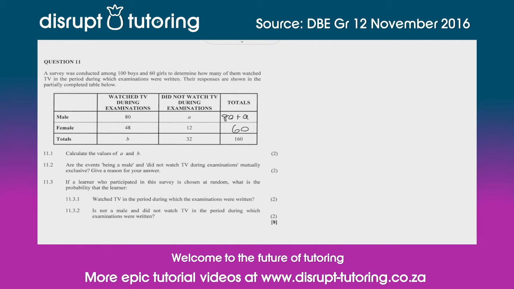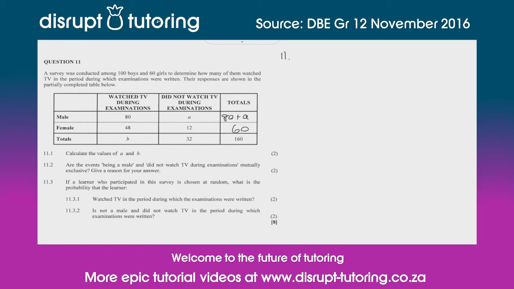Right, so how could we possibly work out what A is? Well, if we consider that we have A over here, we have 12 over here, and we have 32 over here, we could use this column alone, and to do that, we know that A plus 12 will equal 32.